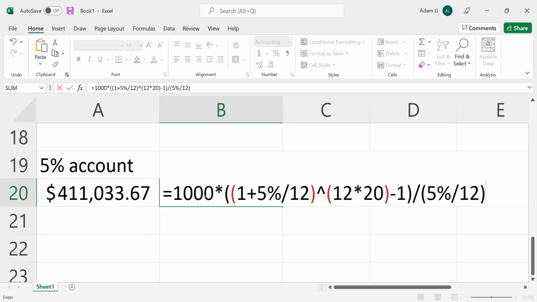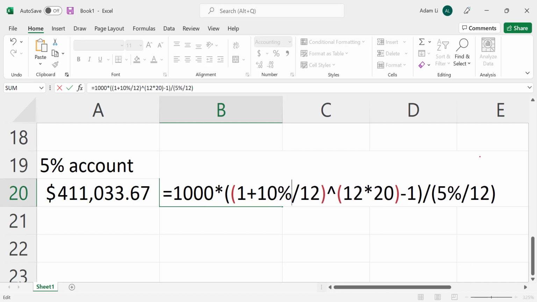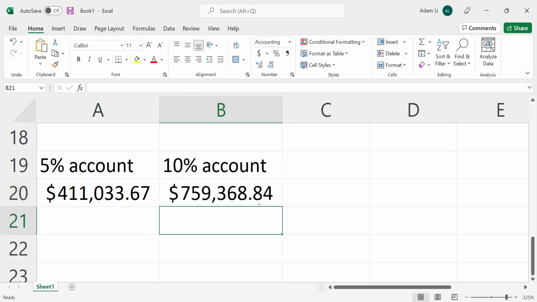The ending result is, so it's 10%. So it's $759,368.84. As you can see, the 10% account yields much better return, right?